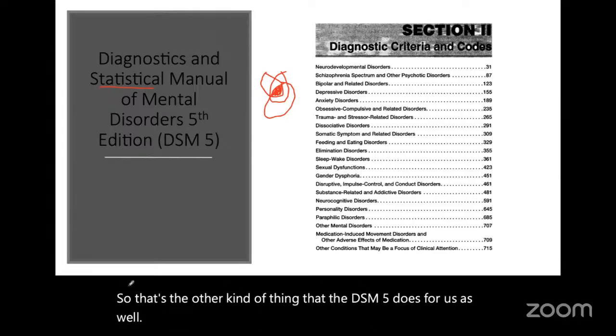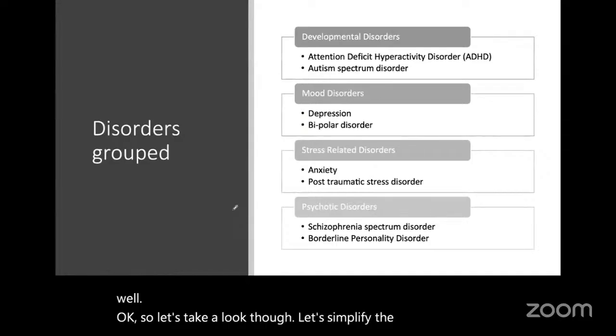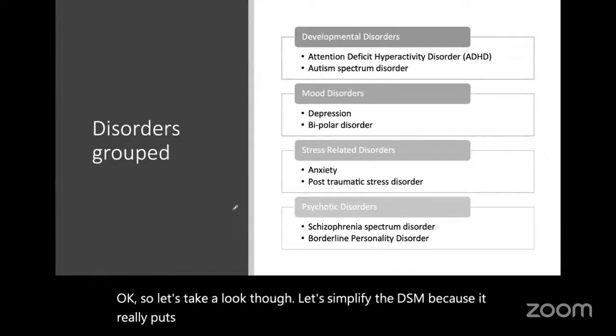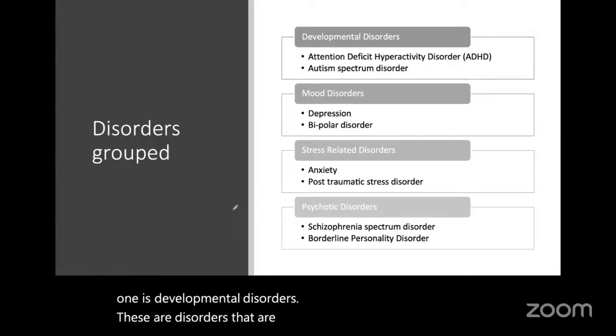Okay, so let's take a look though. Let's simplify the DSM, because it really puts the disorders into basically four categories. The first one is developmental disorders. These are disorders that are usually diagnosed in early childhood.